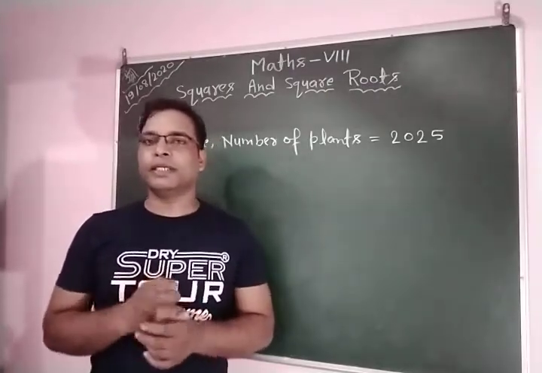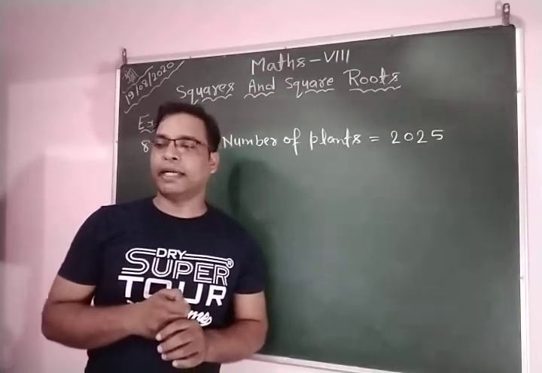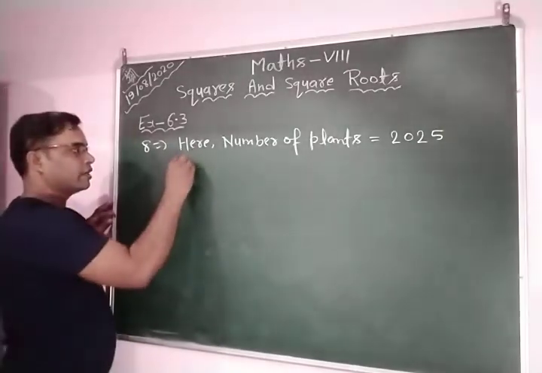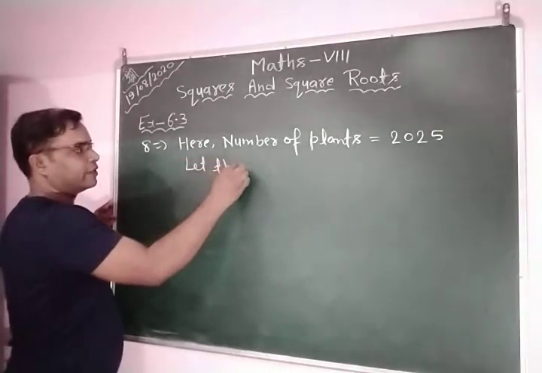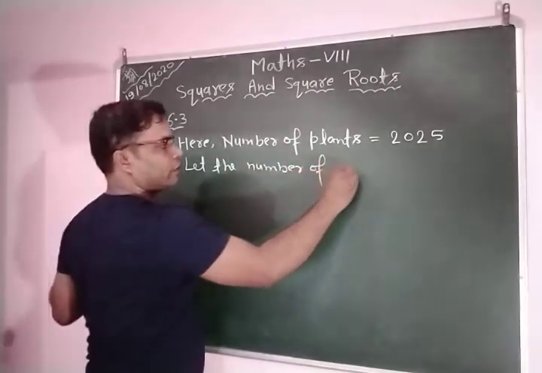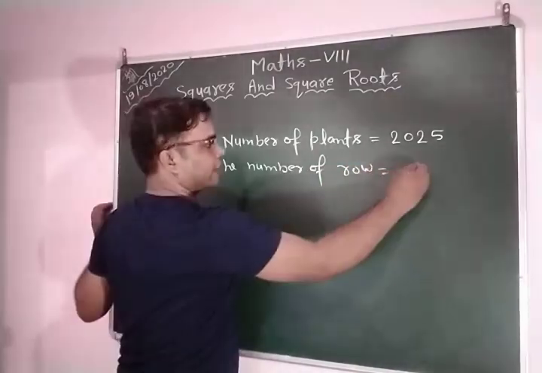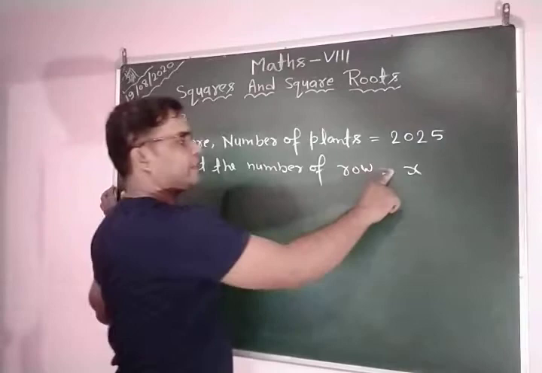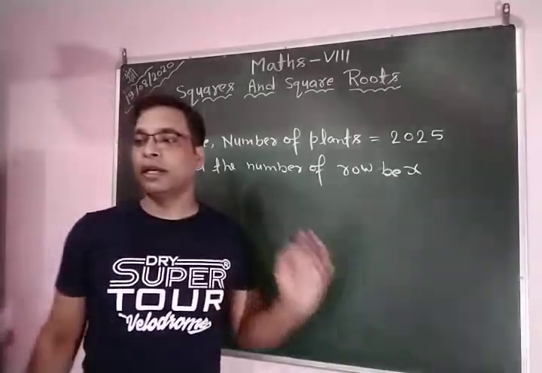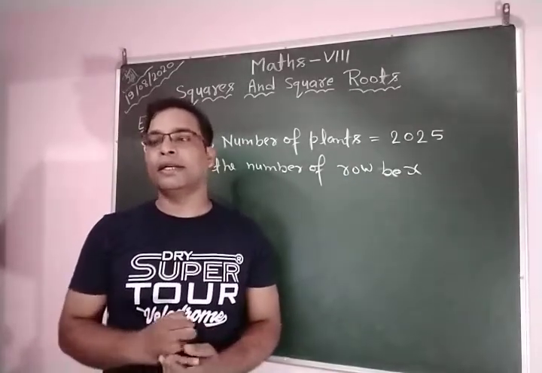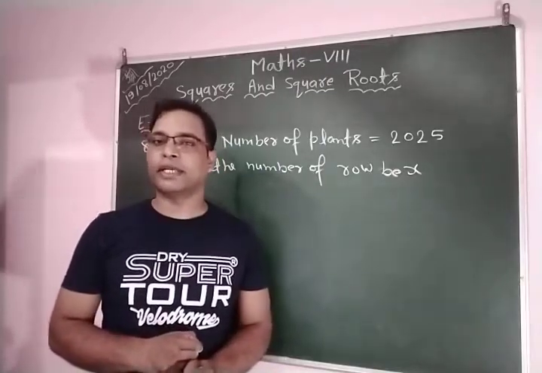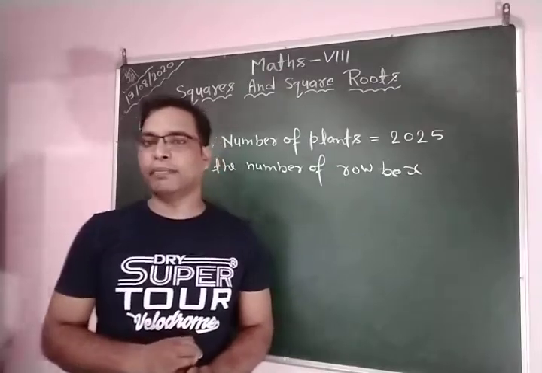So we let the number of rows of planted plants be x. Let the number of rows be x. After this, the number of plants in each row is equal to x. Or you can write, each row contains a number of plants.